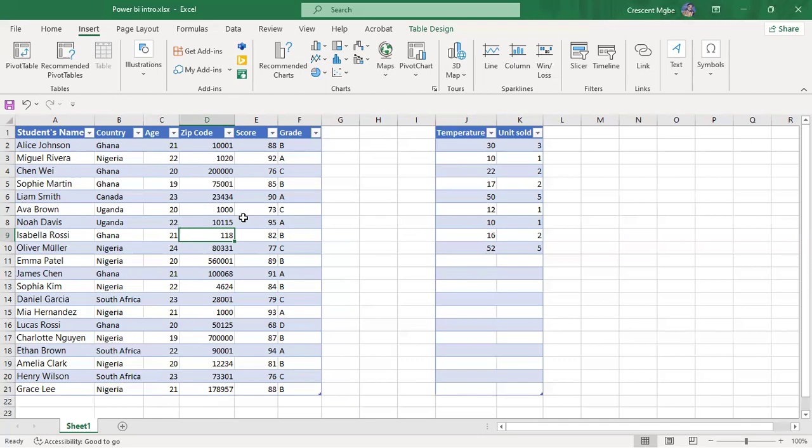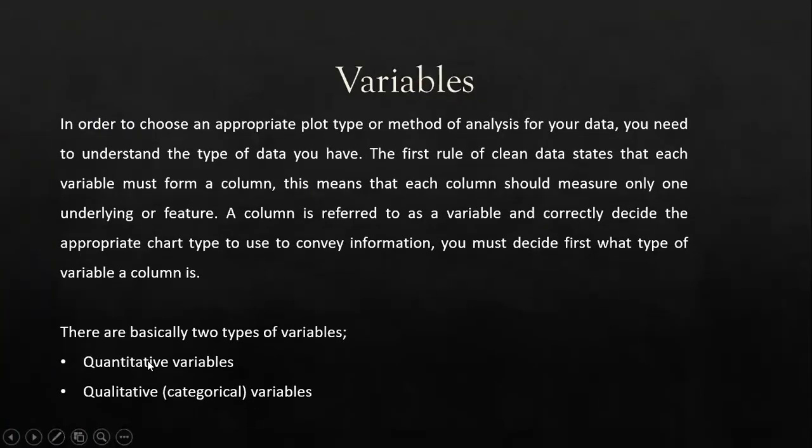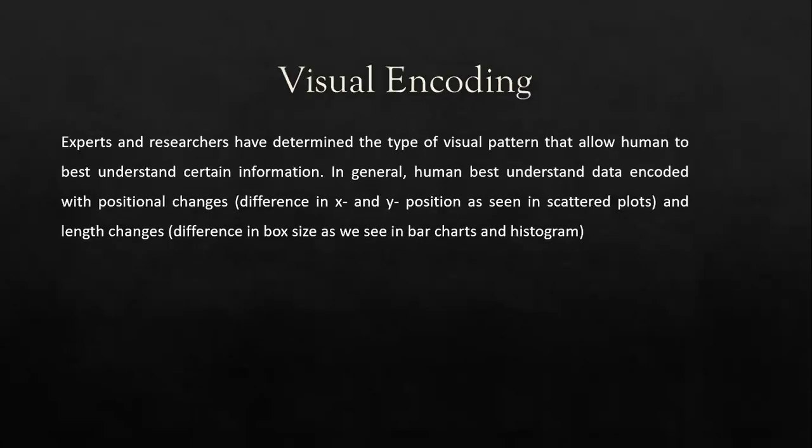So please take notes. Now let's go back to our slide. Now that you understand categorical data and quantitative data, let us now talk about visual encoding. This is a very important topic because this is the basis of your visualization.